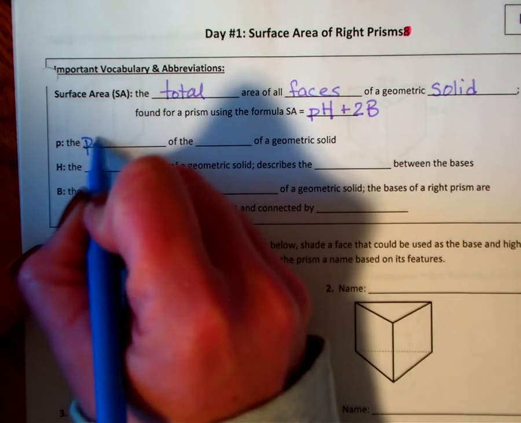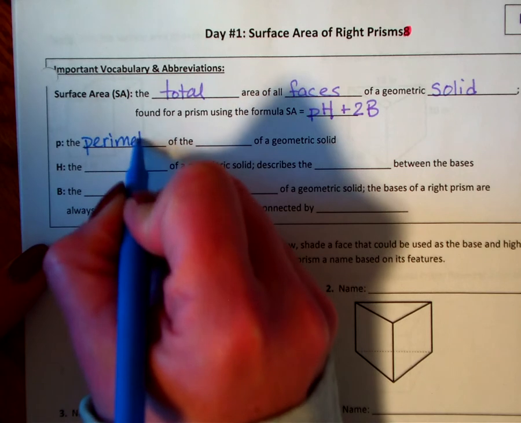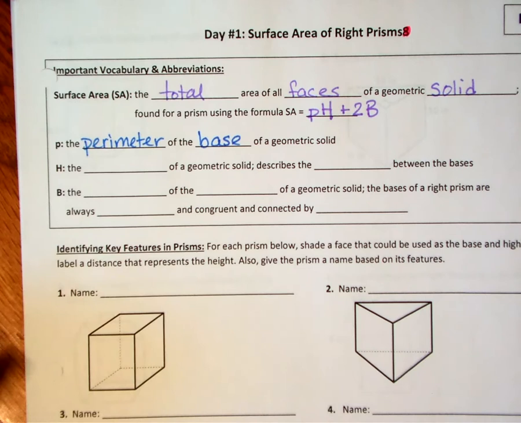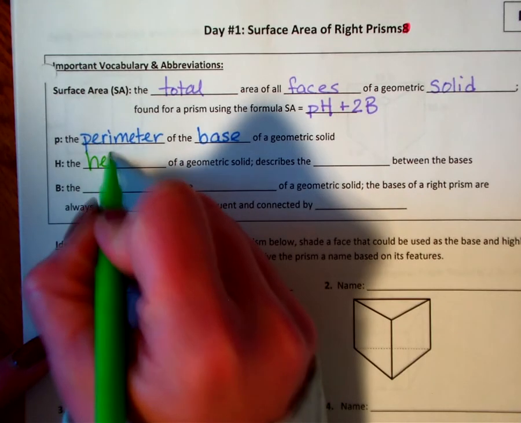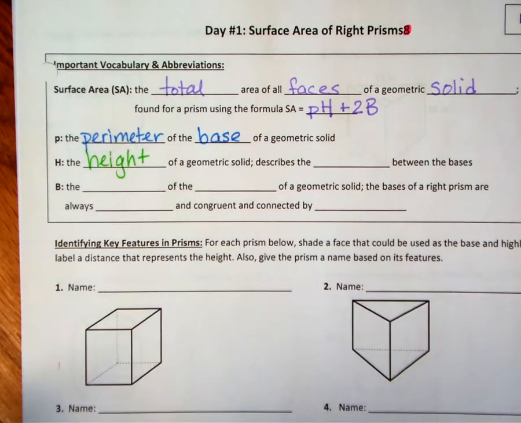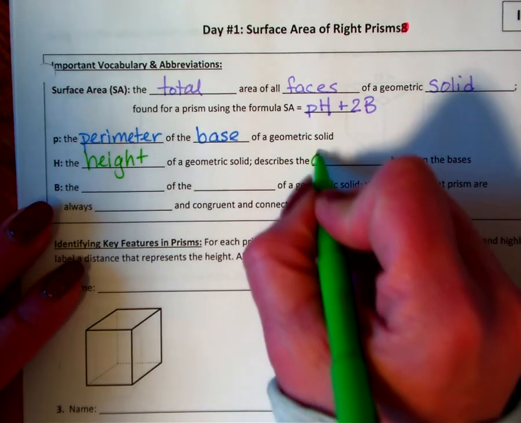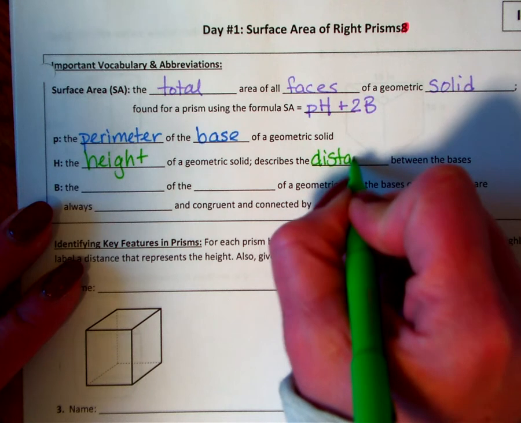stands for the perimeter. Remember, that's your distance around the outside of the base of the geometric solid. Okay, the capital H is the height of a geometric solid, and it describes the distance between the bases.